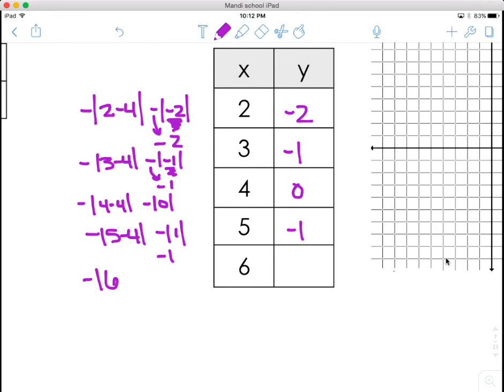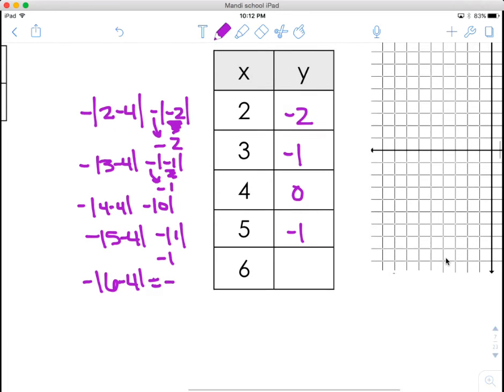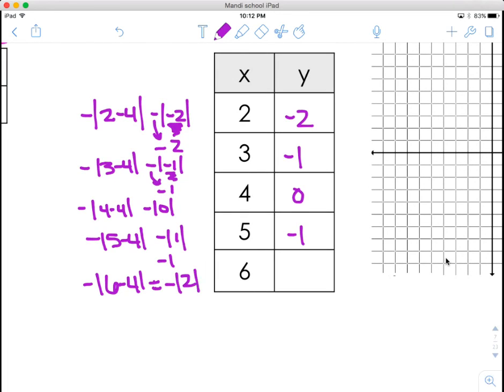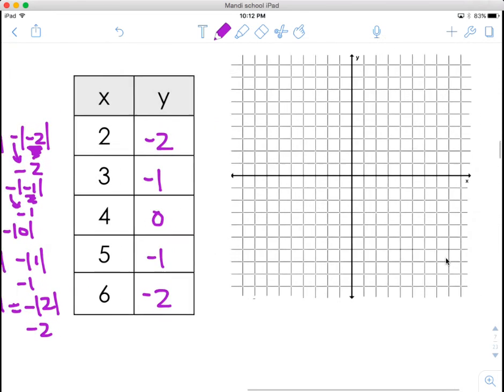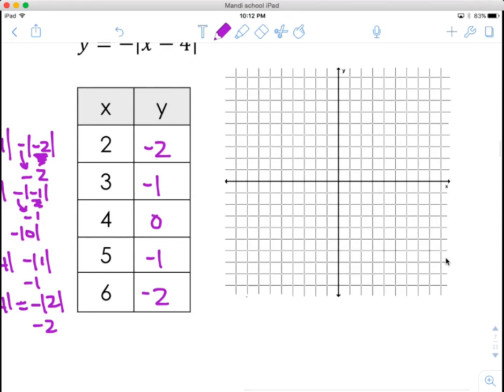And 6 minus 4, so that's negative absolute value of 2, which is negative 2. Okay, I see a vertex in there, so that's good. So we have 2, negative 2; 3, negative 1; 4, 0; 5, negative 1; 6, negative 2.